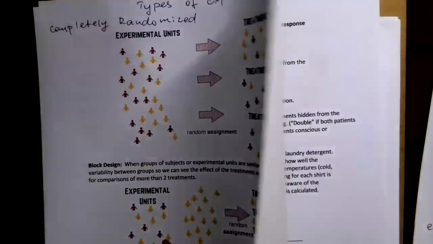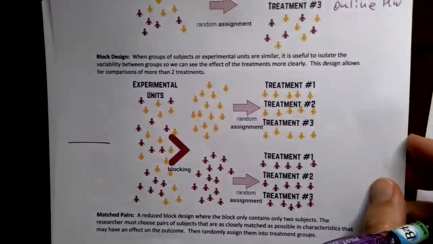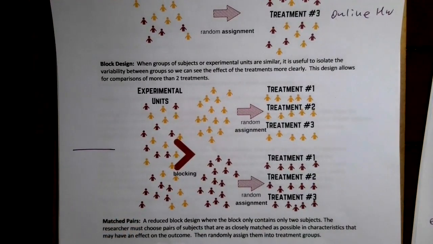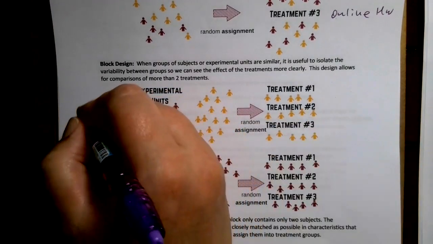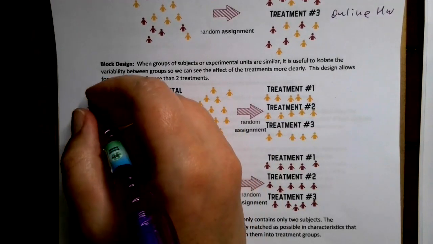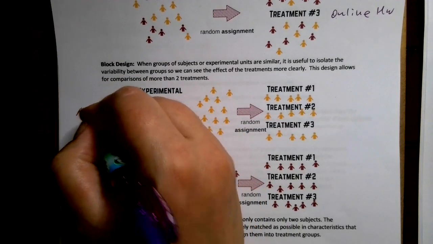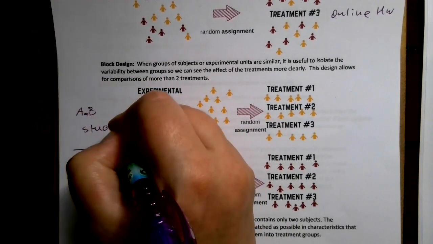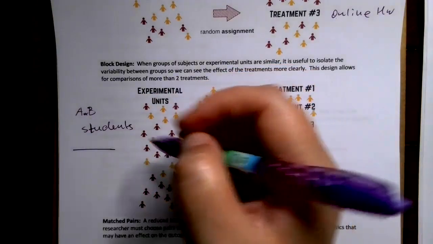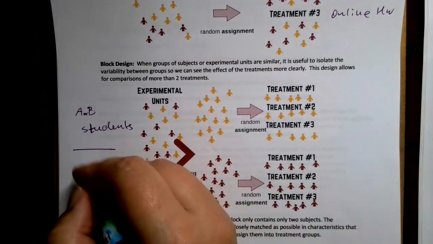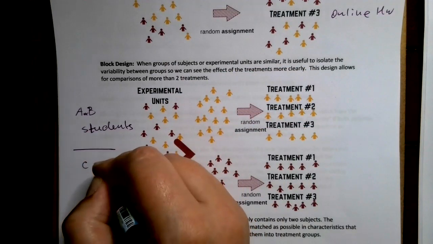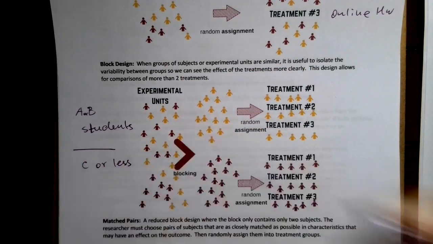So let's say I have my first exam grades in already. I'm going to select in the first group A or B students, the ones that got A's or B's on the first exam. And in the second group, I'm going to put the people who got C or less on the first exam.